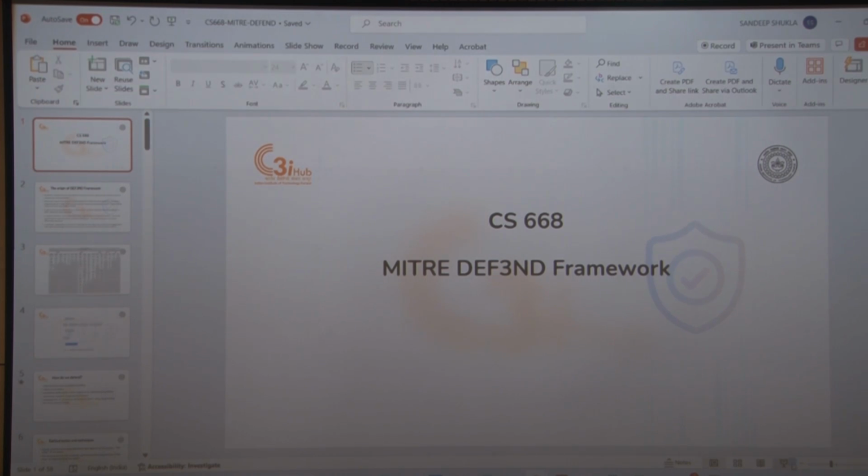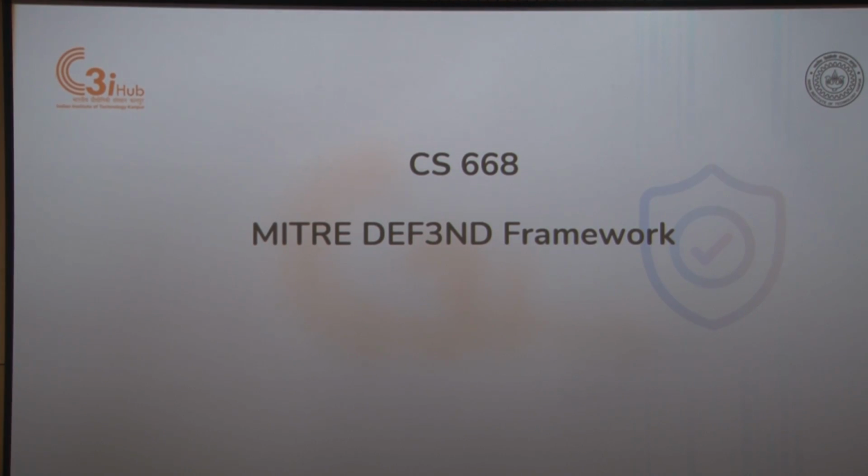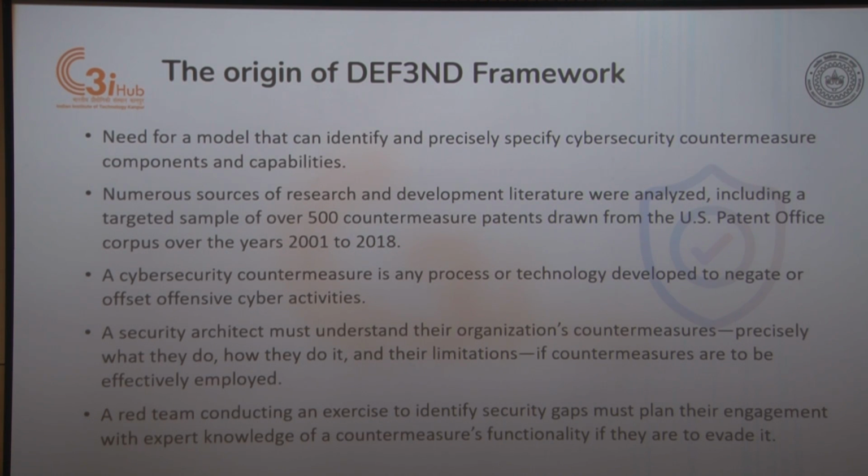Okay, so let's come back to the next module, that is the MITRE DEF3ND framework. So MITRE felt that their ATT&CK framework was very successful. Everybody was referring to it for describing how the threat actors behave in their system. It was being used to model the behavior of malware, and to exchange threat information between various organizations and CISOs.